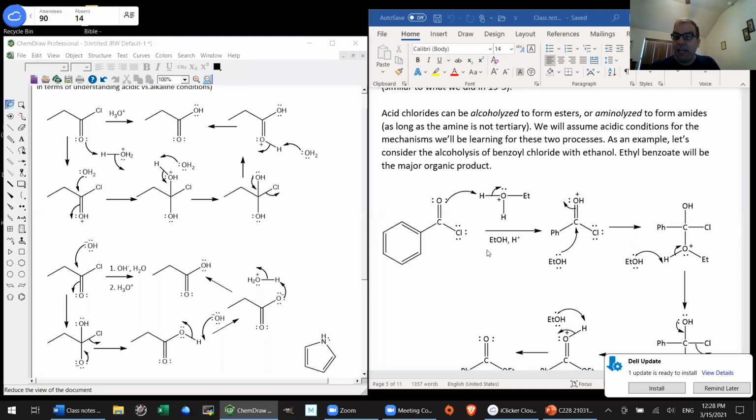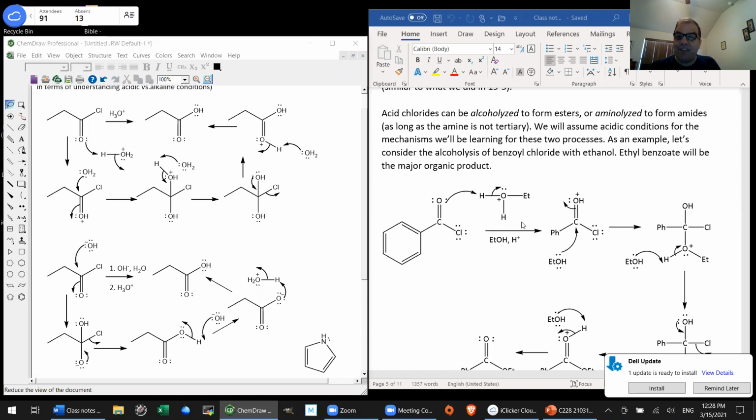The way you know that is by observing that we're under acidic conditions. So ethoxide ion certainly is a thing, it certainly exists. But remember, ethanol is a very weak acid. Ethanol probably has a pKa around 17 or 18. And we're under acidic conditions, so our pH is maybe 1 or 2 or maybe at most 3.